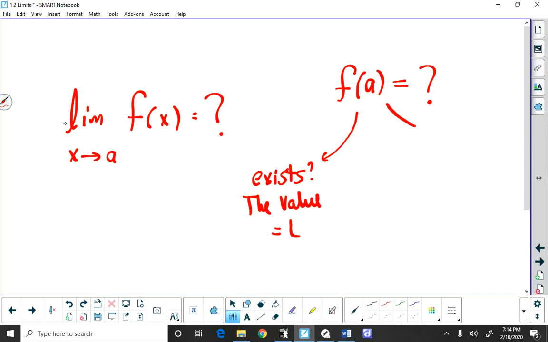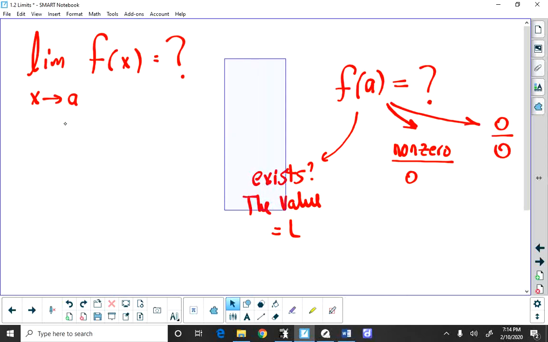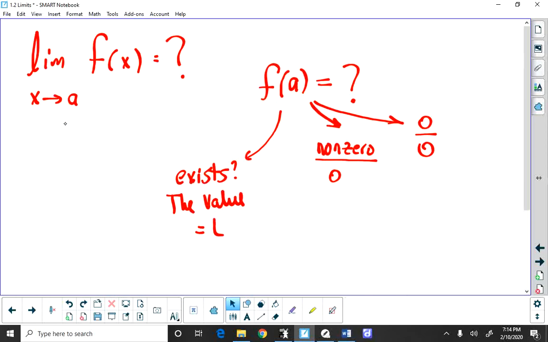If this does not exist, there are two possible things that can happen. You can get a non-zero number over 0, or you can get 0 over 0. And if you get a non-zero number over 0, the limit does not exist.